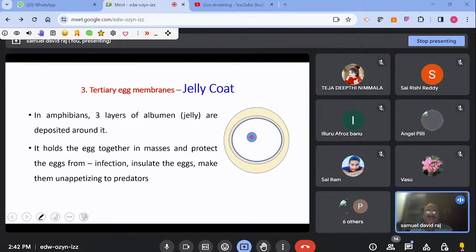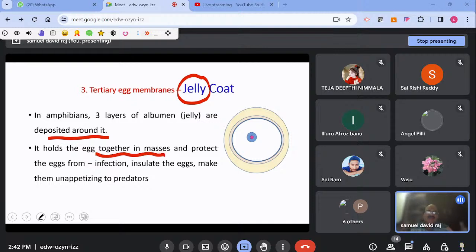The second one is the jelly coat. In amphibians, three layers of albumin are deposited around the egg, and this is in the form of a jelly, and hence they call it a jelly coat. What is the function of it? It holds the egg together in masses.